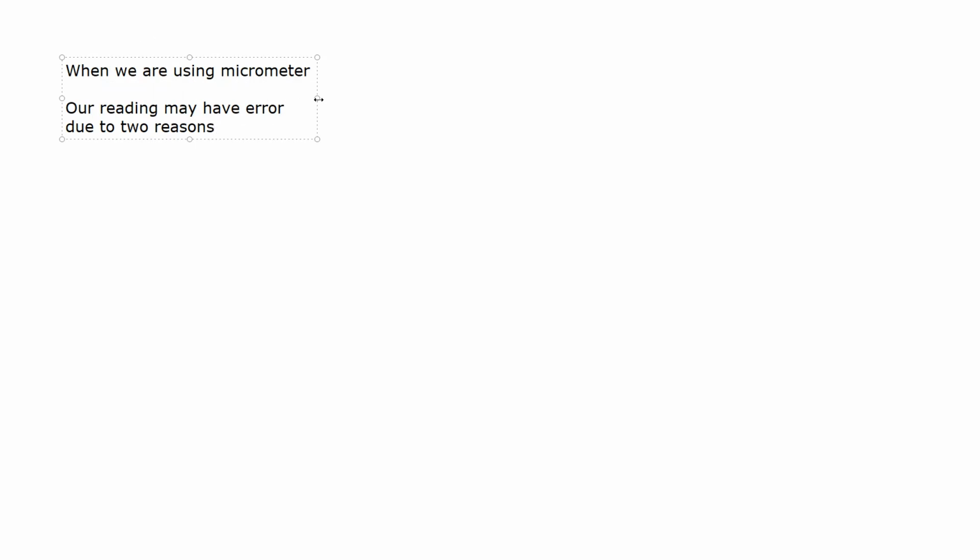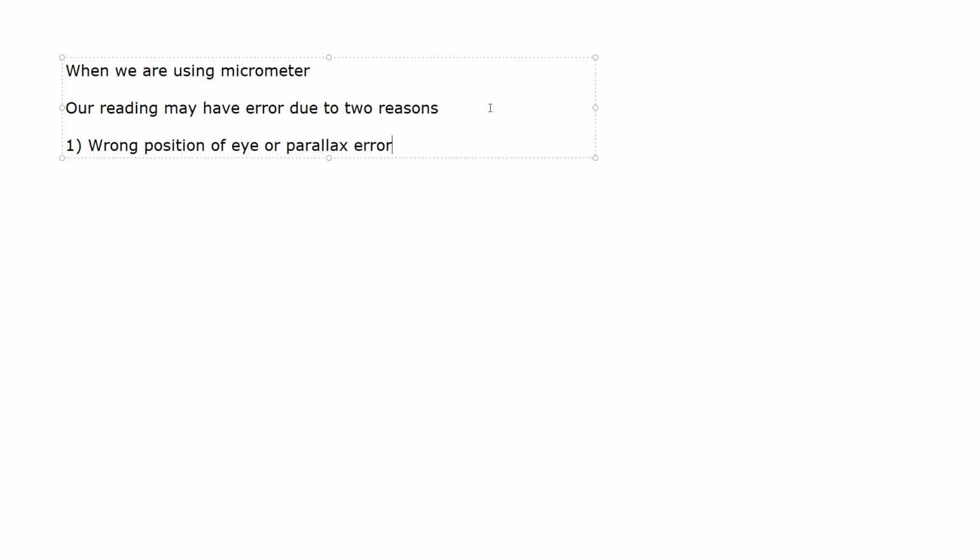Number one, the wrong position of eye, or parallax error. And number two, zero error. I will explain zero error of micrometer.